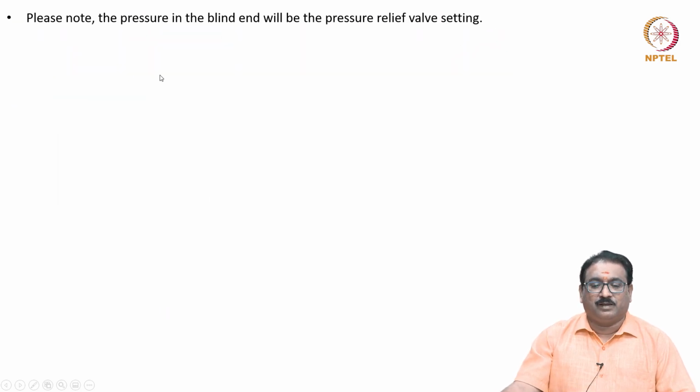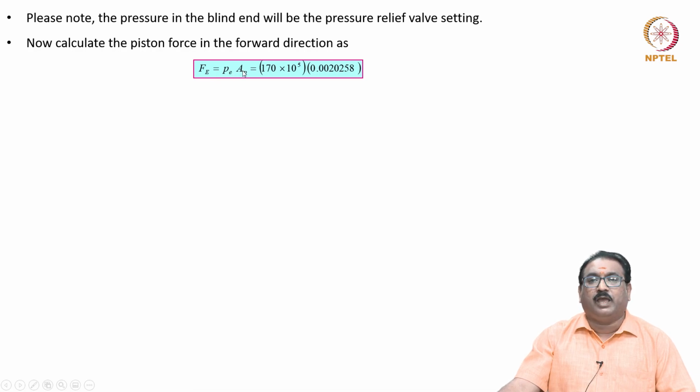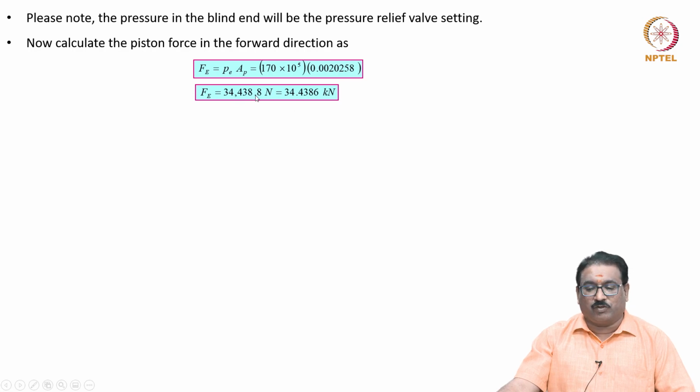Please note, the pressure in the blind end will be the pressure relief valve setting. Now calculate the piston force in the forward direction. So, the forward direction F equals P into AP, correct? I am substituting the setting pressure and area. I will get Fe equal to this many Newton, divided by 1000 will give you 34.4386 kilonewton.